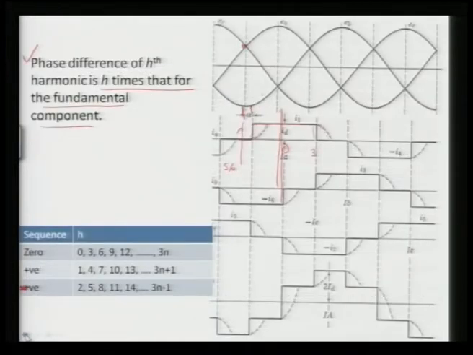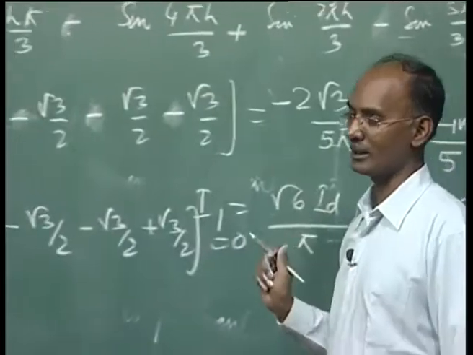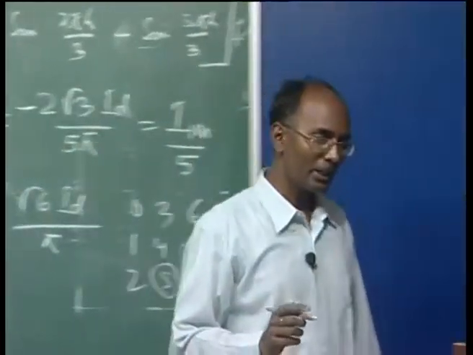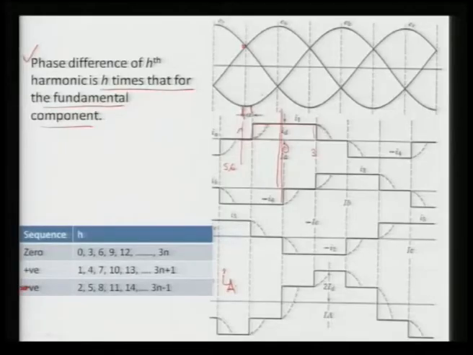Here you can see this is your IA current. This is the case when we have the star delta configuration. If you take your axis here, then the cosine component will come; if you take your axis here, then the sine component will come.